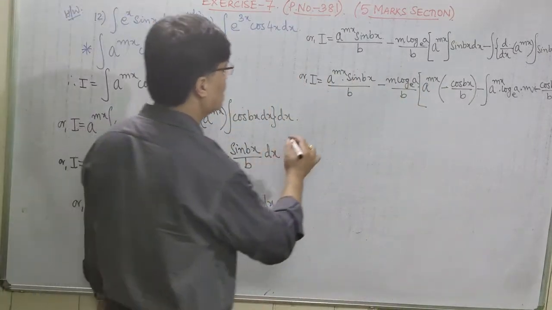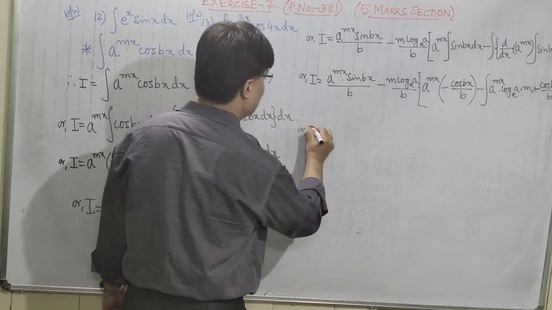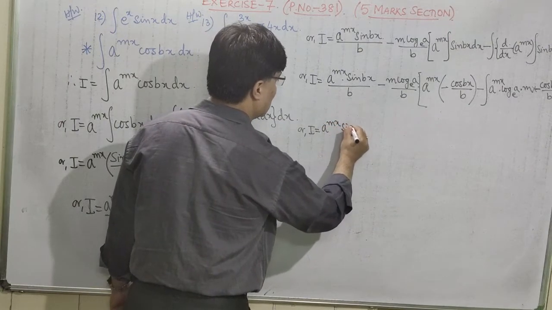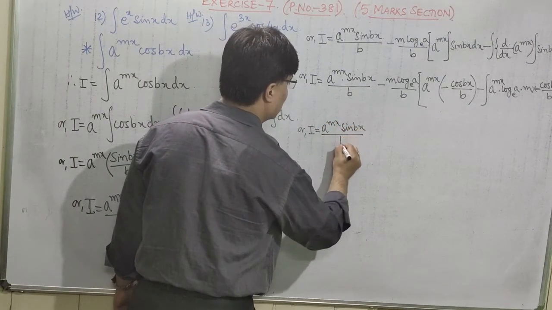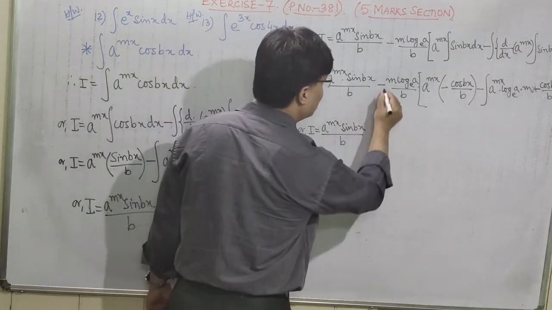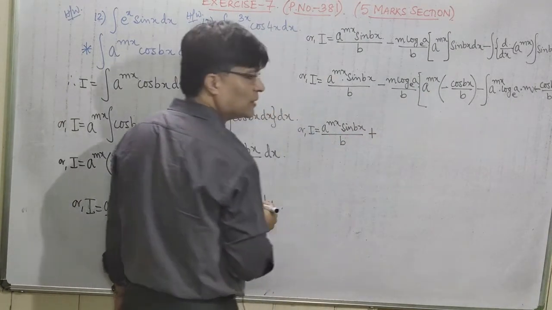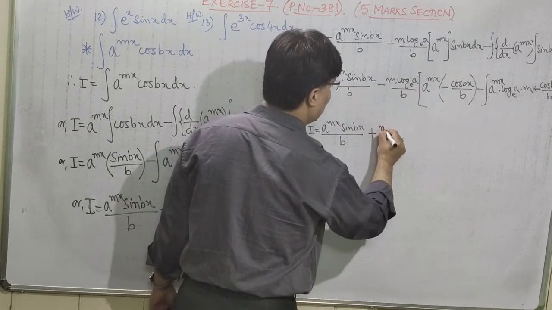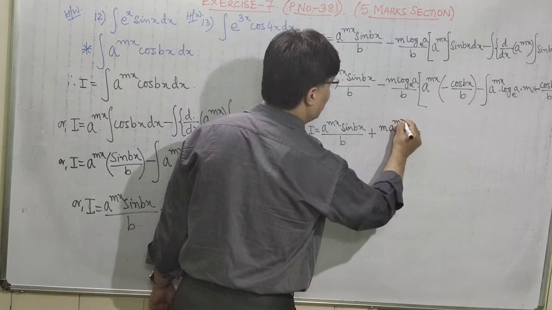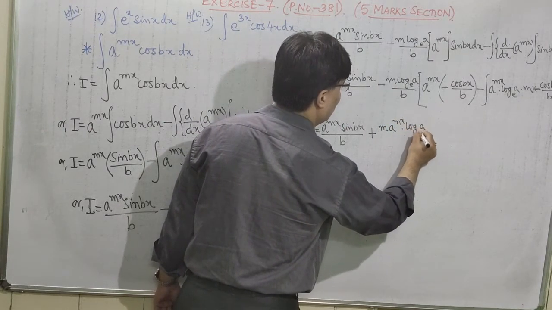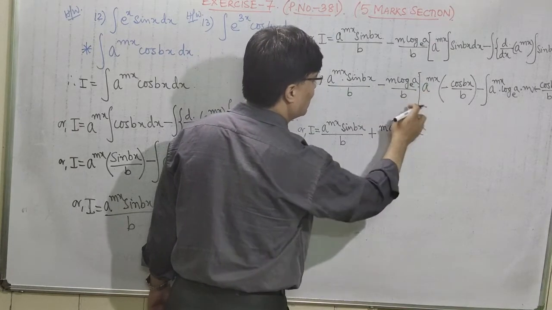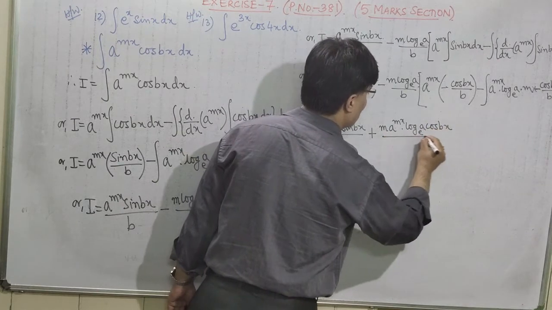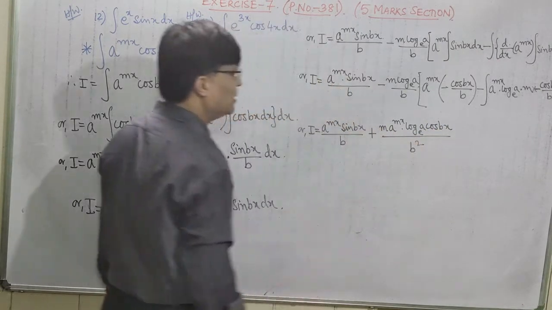Understood? So now let us simplify it further. I is equal to, now this is a to the power mx sin bx divided by b, minus into minus is plus, right? Now let us write here first m a to the power mx into log a base e, then cos bx, this whole divided by b into b, which is b square.